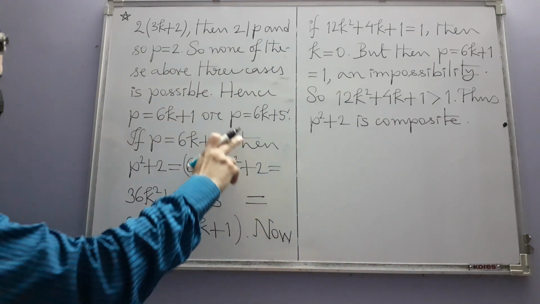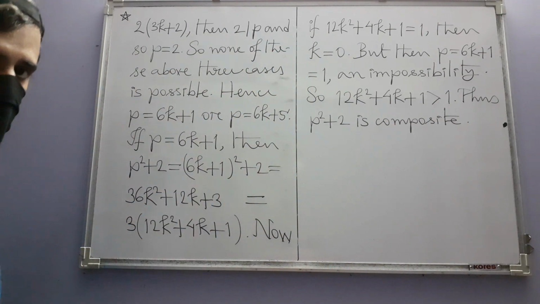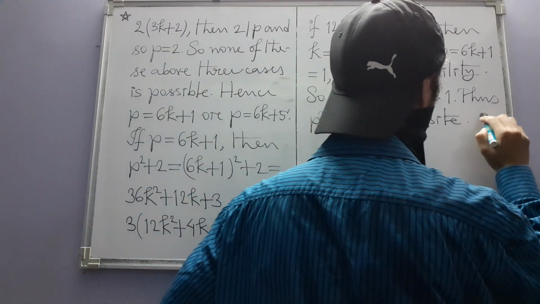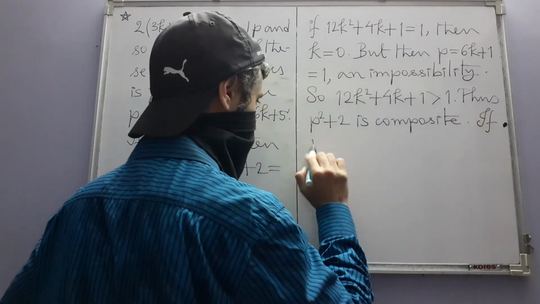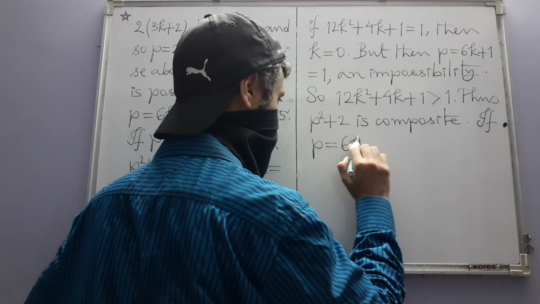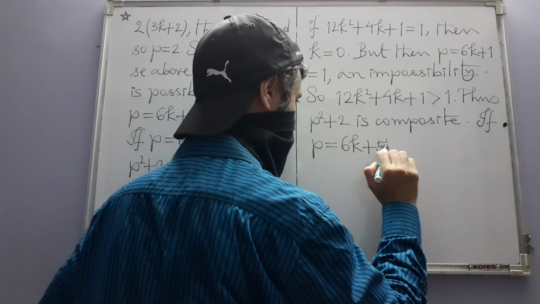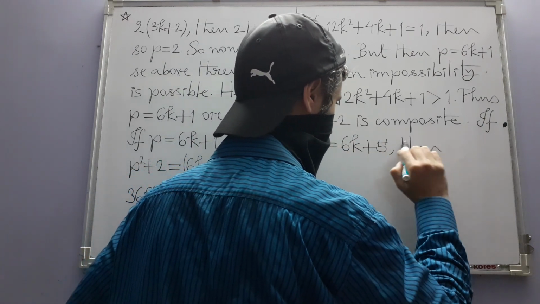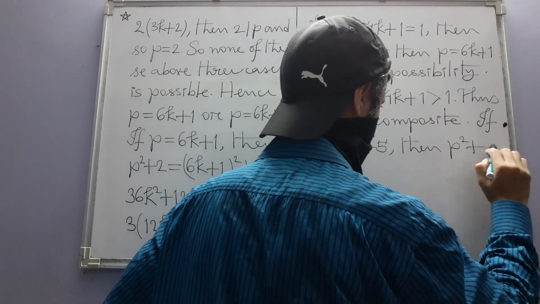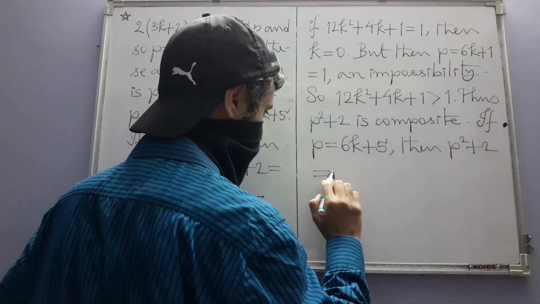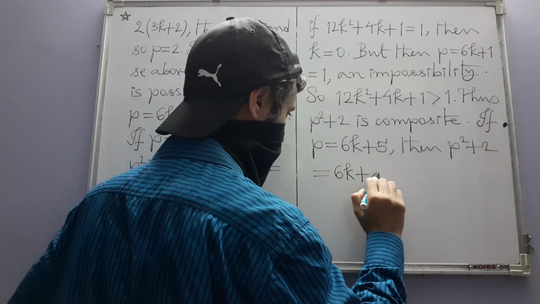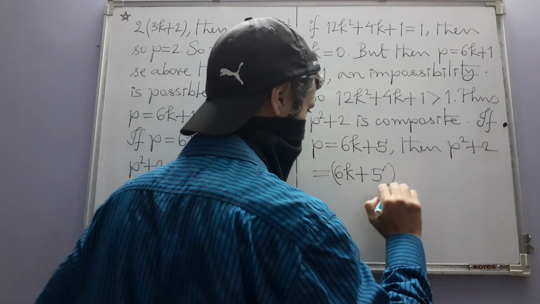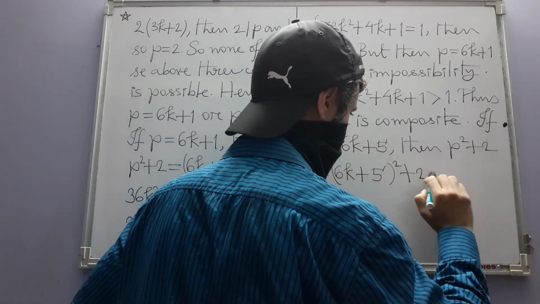Okay, now let's see what happens when p is 6k plus 5. Then p square plus 2 in this case would be 6k plus 5 whole square plus 2.